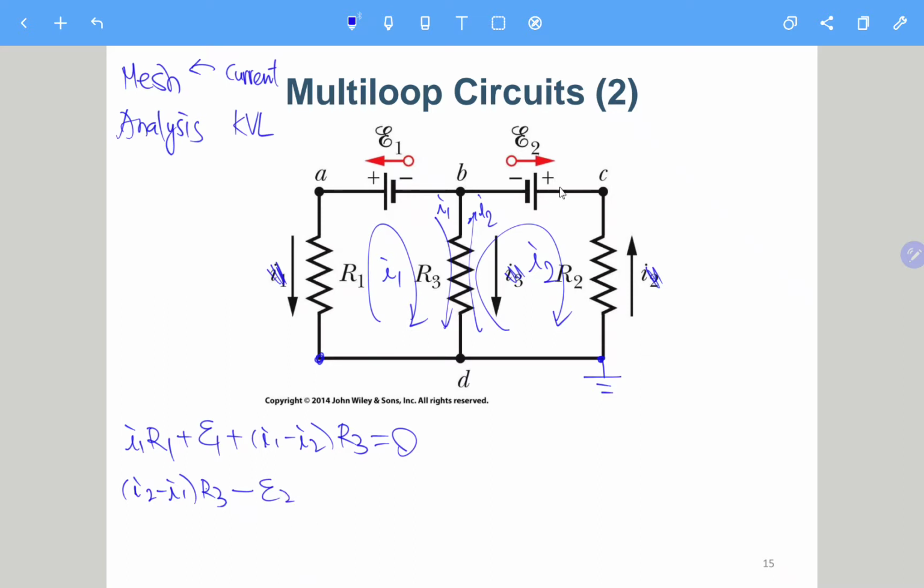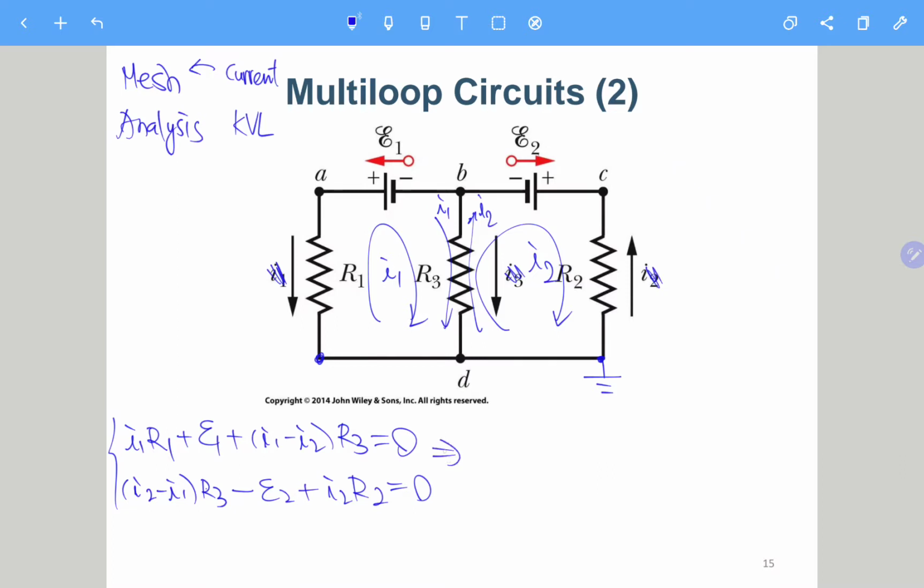From here to here, I2 going this way, so plus I2 R2 equals 0. So this is the second mesh equation. We have two unknowns, I1 and I2, and two equations, so we can solve it.